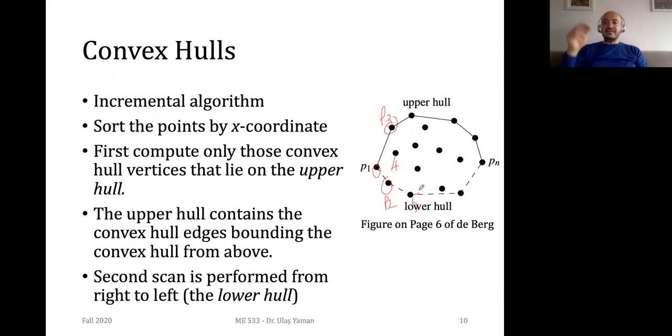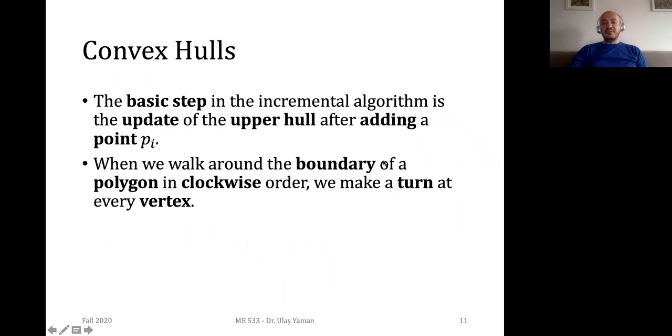So we will be adding these sites to our algorithm, and then our algorithm will check whether these sites belong to the upper hull part of the convex hull. And obviously, you can see that these are not part of the upper hull, and our algorithm should find this fact, whether they are on the upper hull or not. So what we are going to do, we will try to find whether we are making a right turn or not.